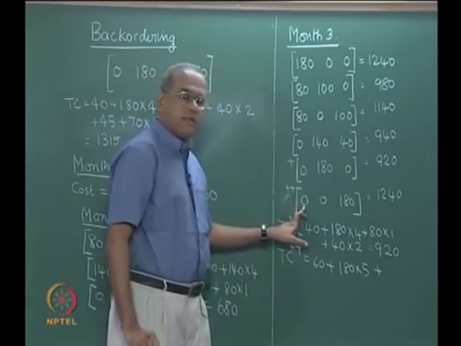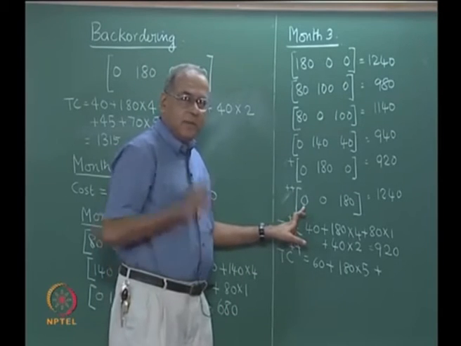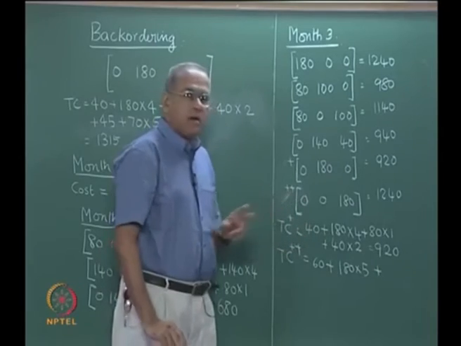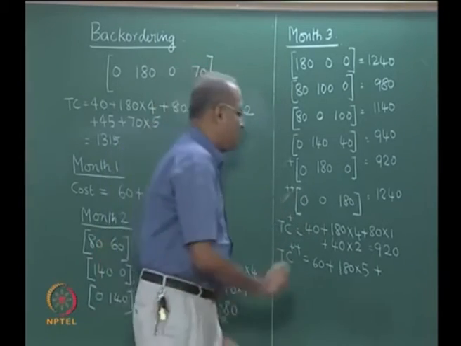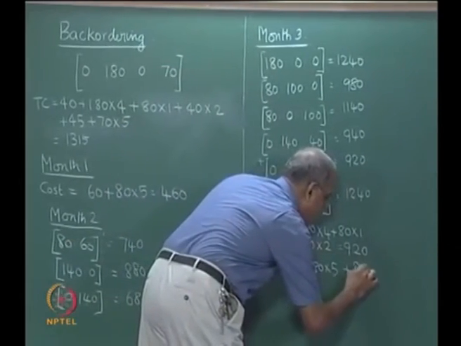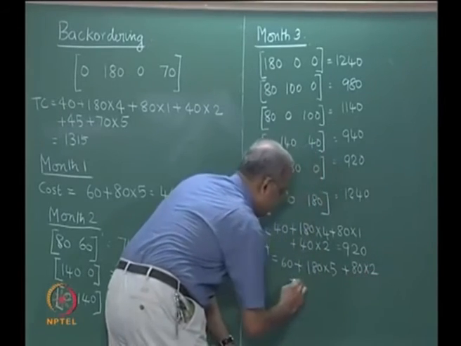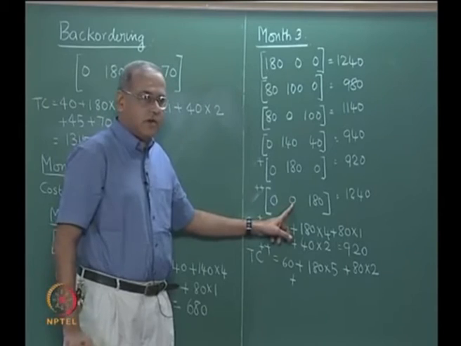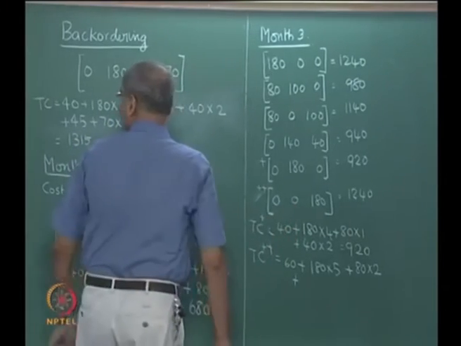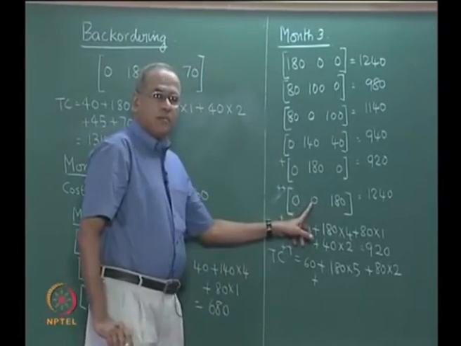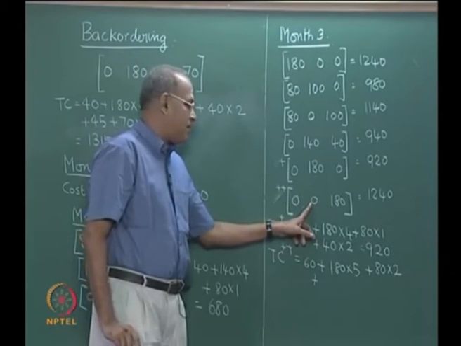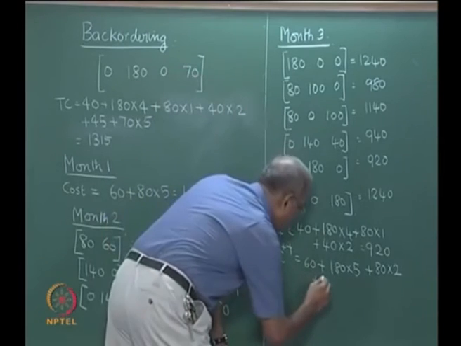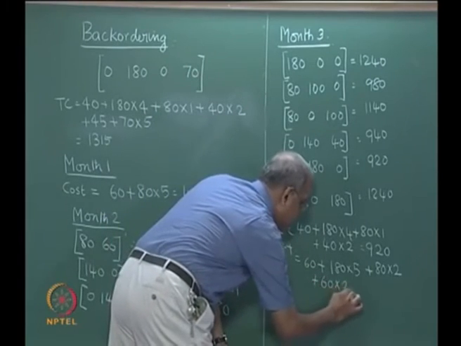So for this period the demand is 80, per period back order cost is 1, it is back ordered for 2 periods, therefore it is 80 into 2, plus another 60 demand for this period is also back ordered. Now back order cost per period for month 2 is 2, therefore plus 60 into 2.